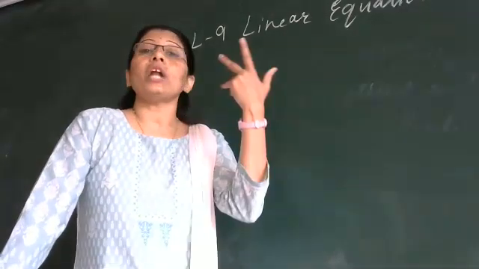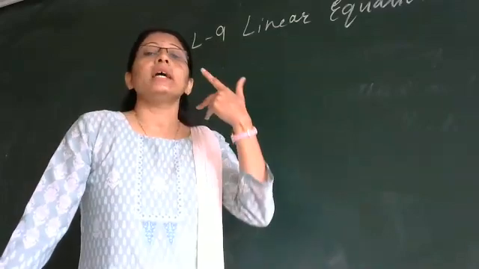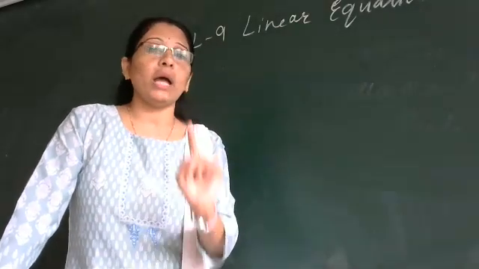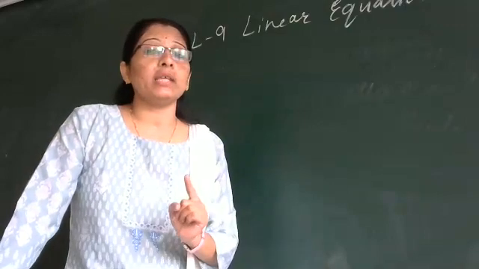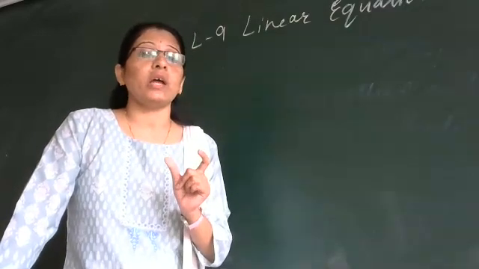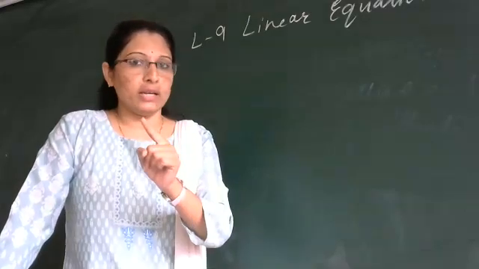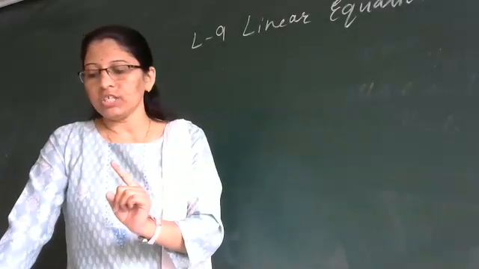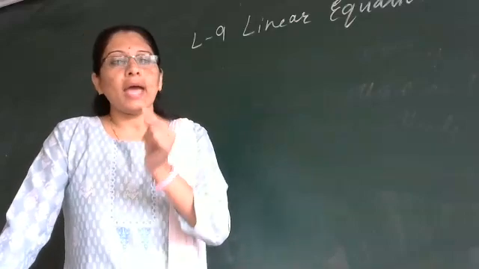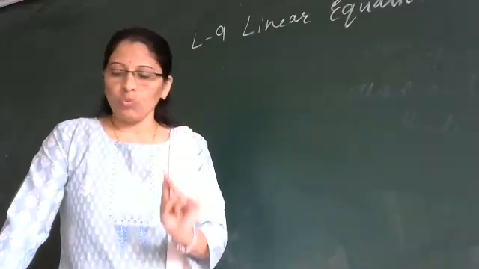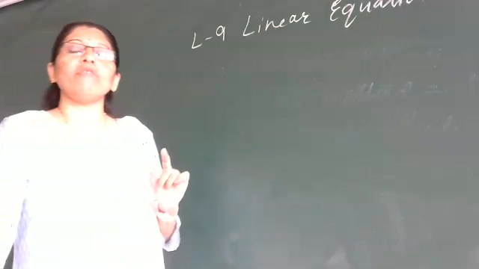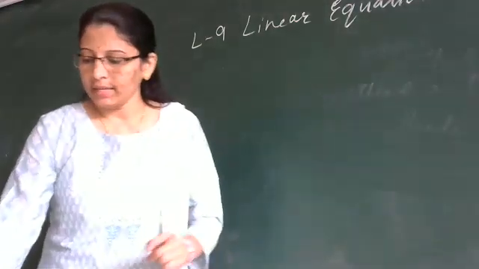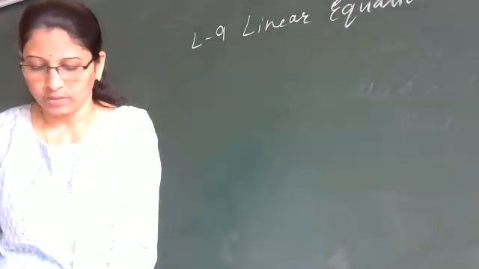In those two expressions, if the variable has highest degree 1, those equations are known as linear. So the linear equation definition is an equation which involves a variable with the highest degree 1. Okay. That is a linear equation.